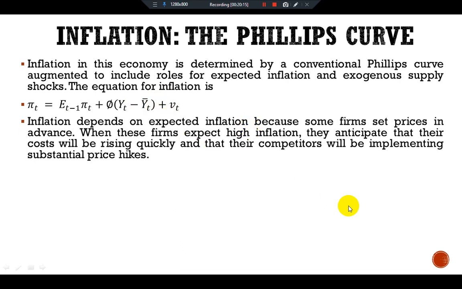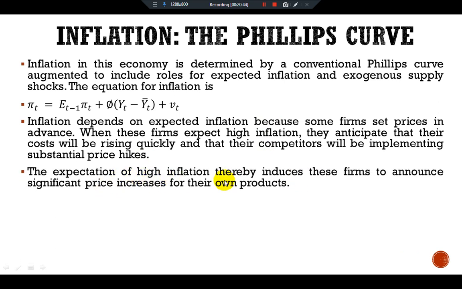Okay, inflation depends on expected inflation because some firms set prices in advance. When these firms expect high inflation, they anticipate that their costs will be rising quickly and that their competitors will be implementing substantial price hikes.